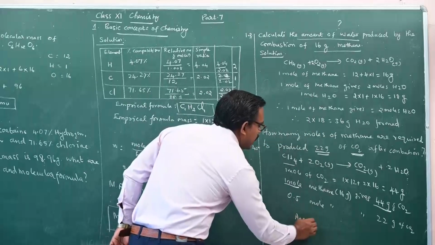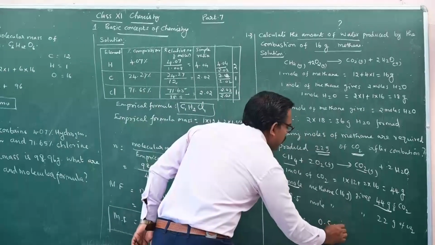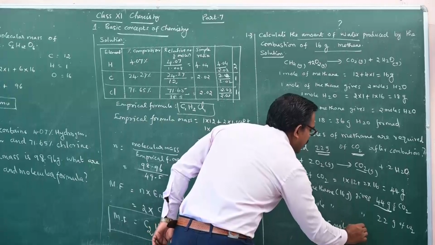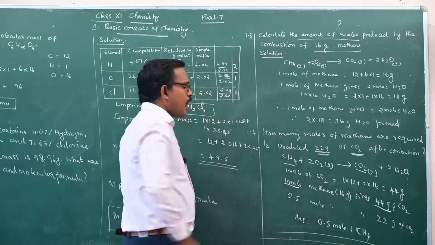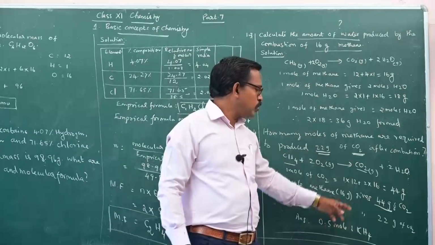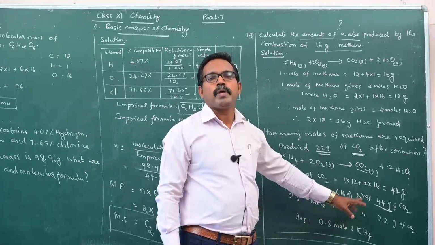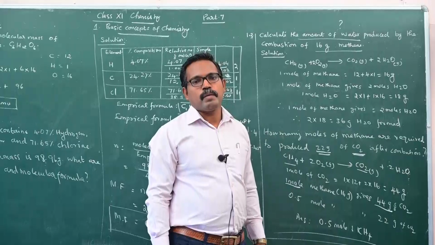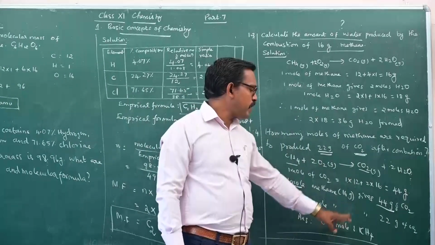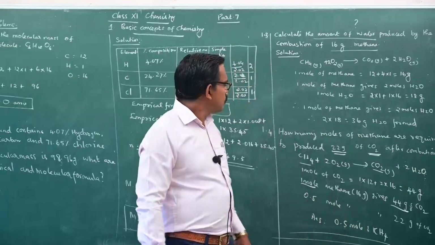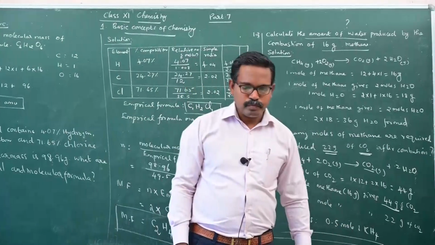Therefore, the answer is 0.5 mole of methane, CH4. Or you can simply write 22 into 1 by 44, that is equal to 0.5 mole of methane. So, this is the fourth question.